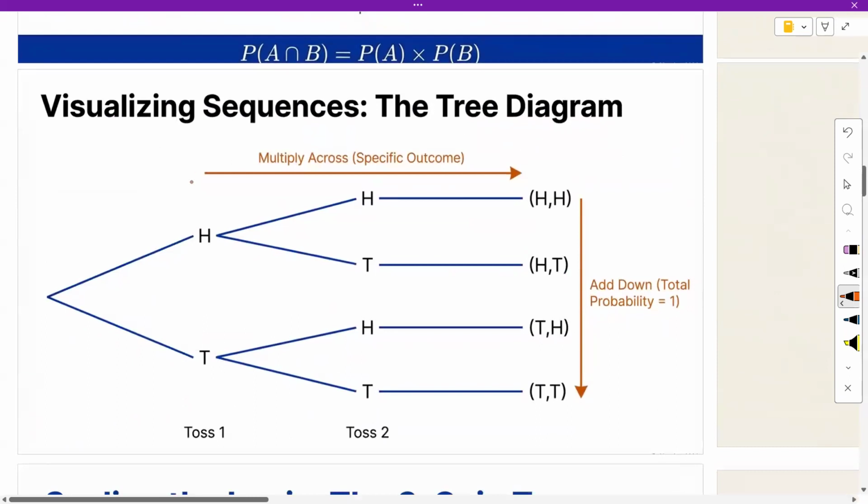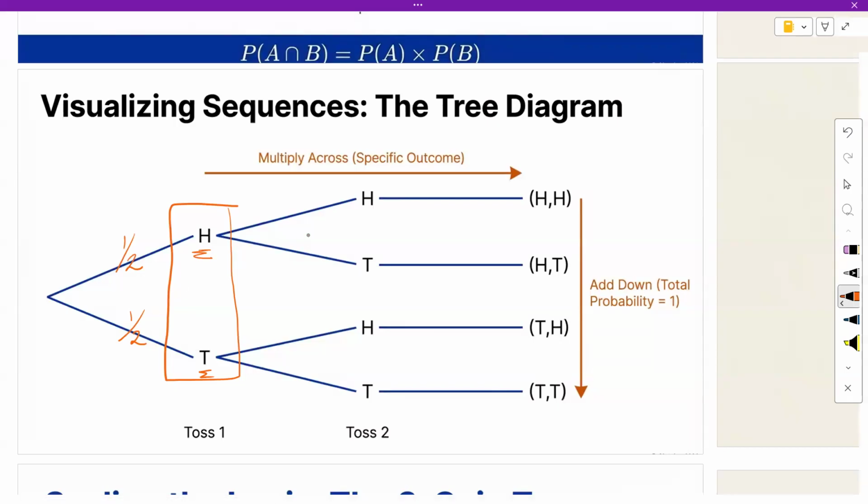Visualizing the sequence. This is the first coin, toss 1. In the first toss, you can get head or tail. What is the probability of getting head? 1 over 2. What's the probability of getting tail? 1 over 2. This is toss 1, and these are the outcomes. This is toss 2.